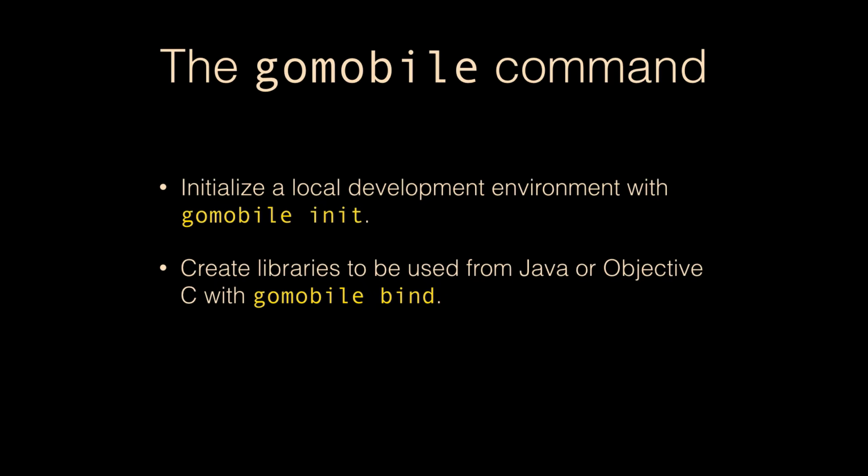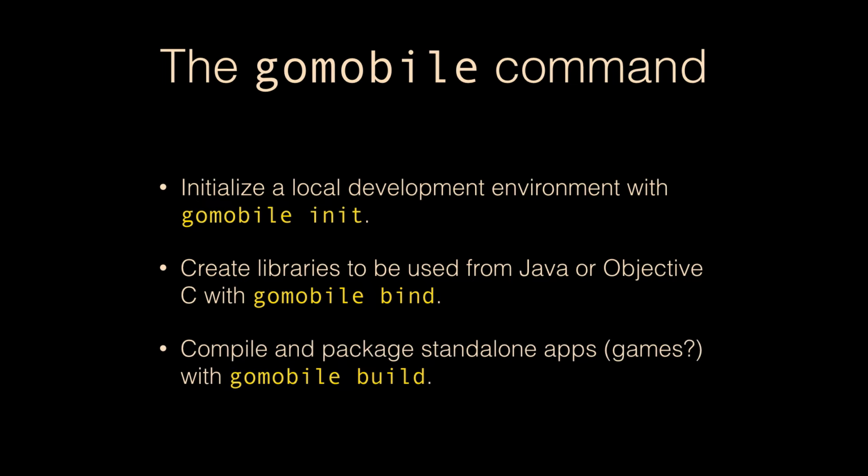The second command I'd like to tell you about is the Go Mobile bind command. You can use this command to create libraries that you can then import from Java or from Objective-C. If you want to create full standalone applications, then you use Go Mobile build. These can be used for games.